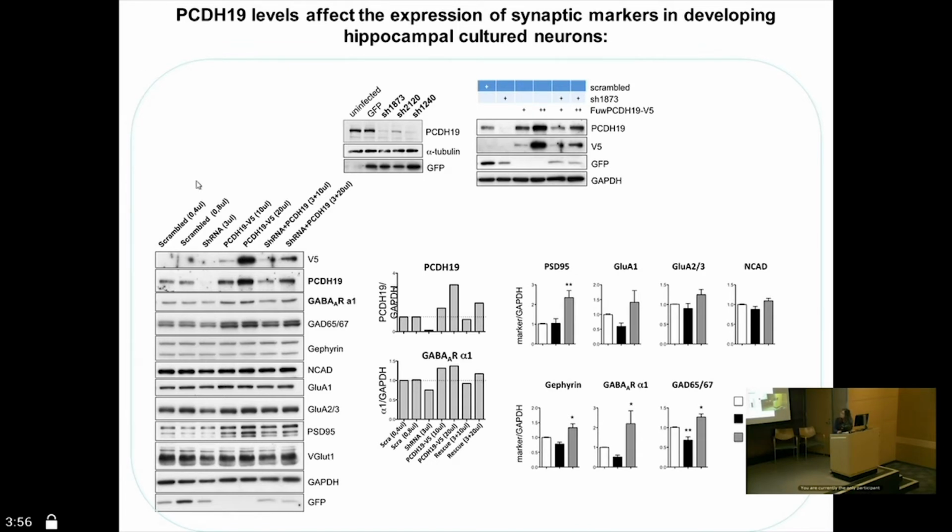If you look at the analysis of Western blots in neurons lacking protocadherin 19, you can see a downregulation of PSD95, AMPA receptor subunits, and also GABA A receptors. But if you overexpress protocadherin 19, you will see an increase in the level of PSD95 and GABA receptors.